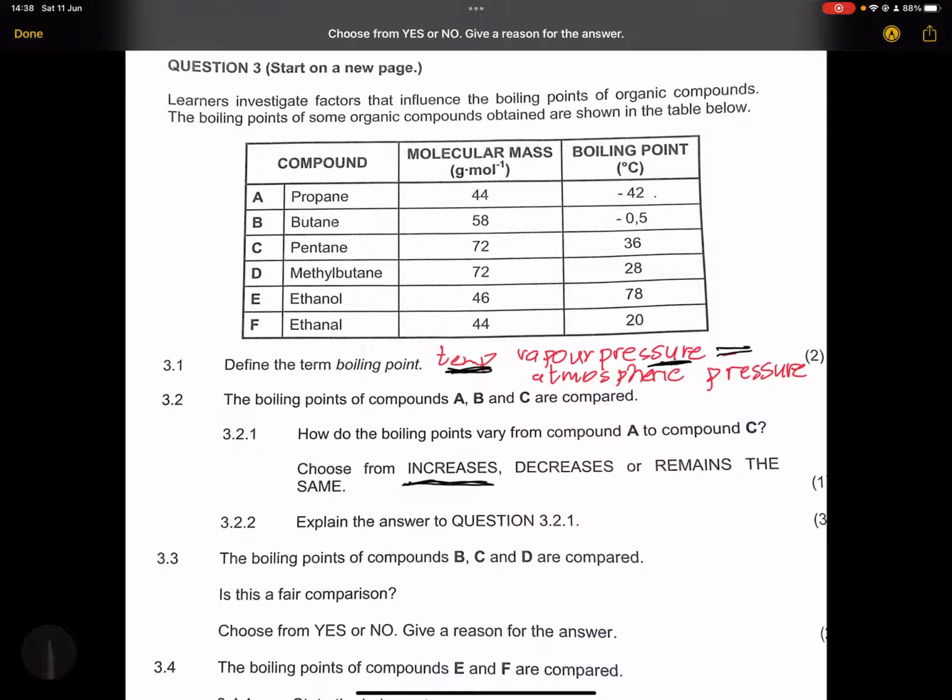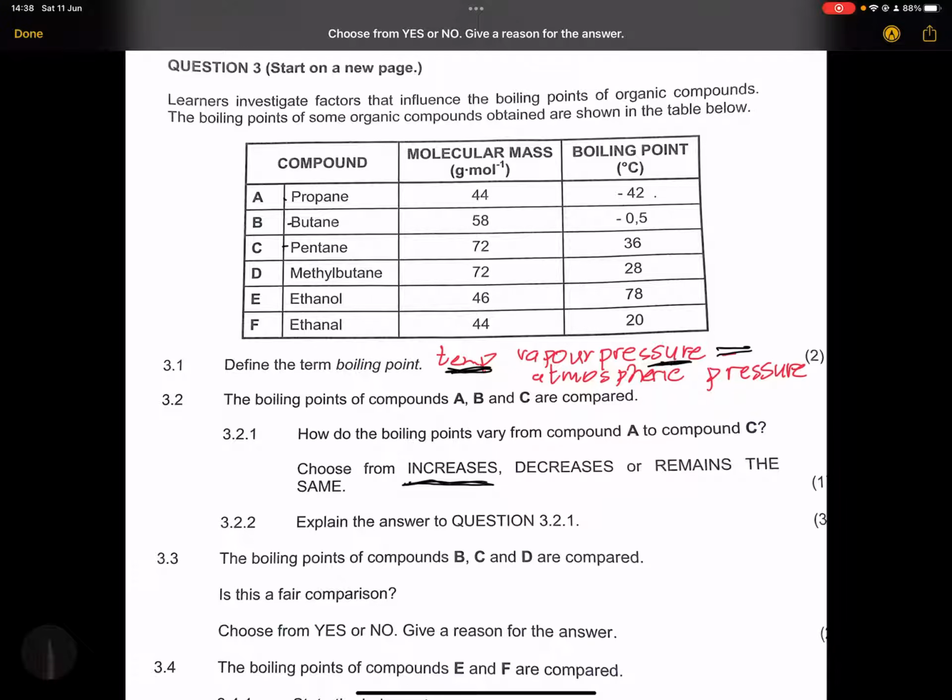Please remember that we will first of all mention that from A to B to C, they're increasing in chain length. An increase in chain length will increase the number of London forces. Or rather, you can mention that London forces increase with an increase in chain length. So more energy is required. You remember to put that.